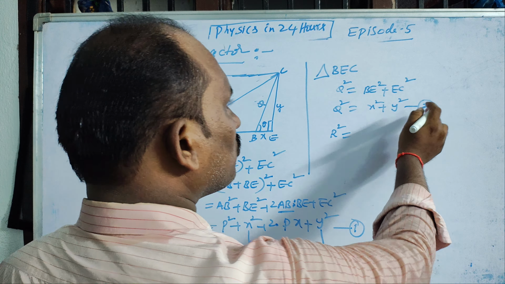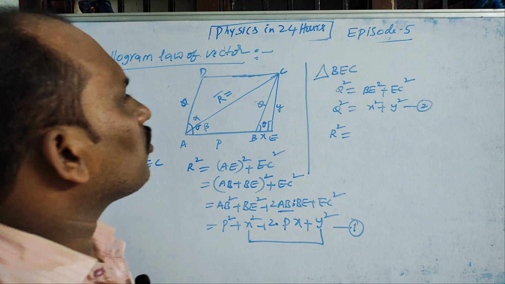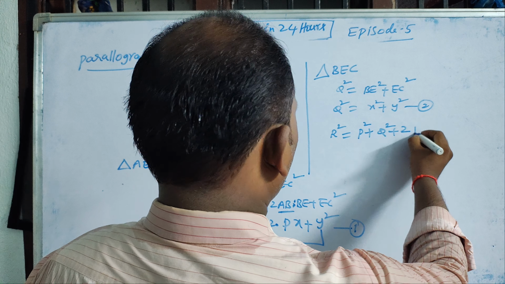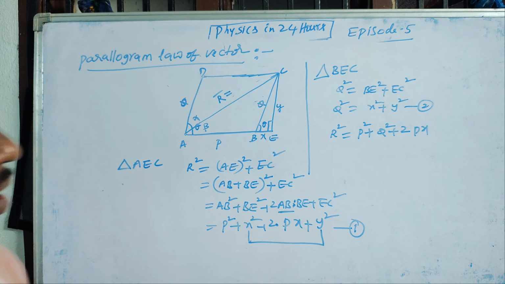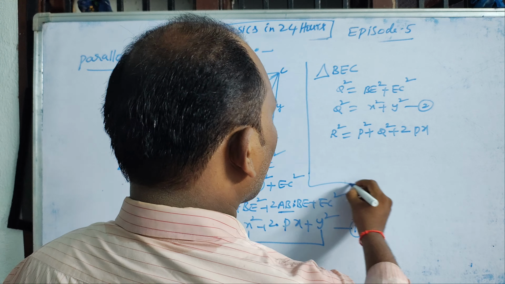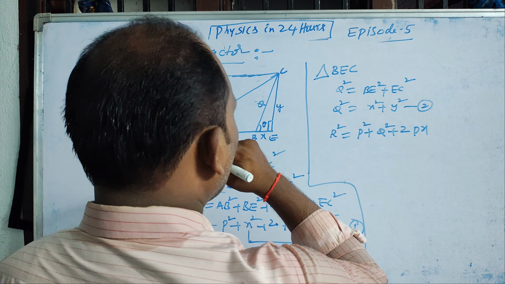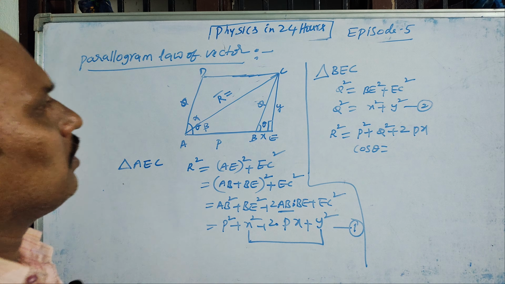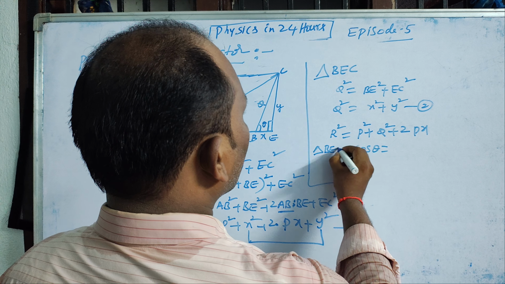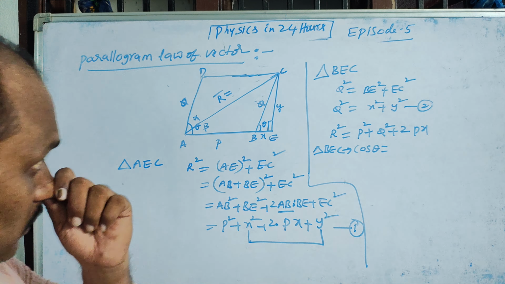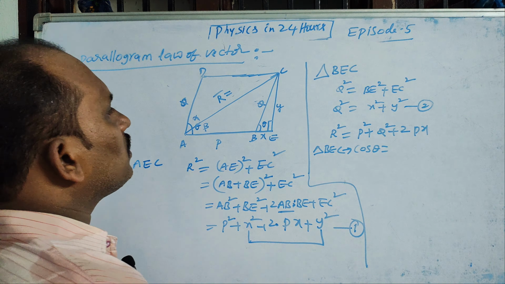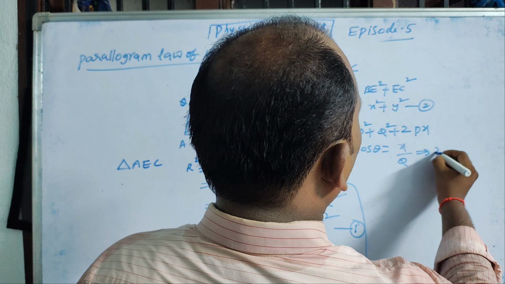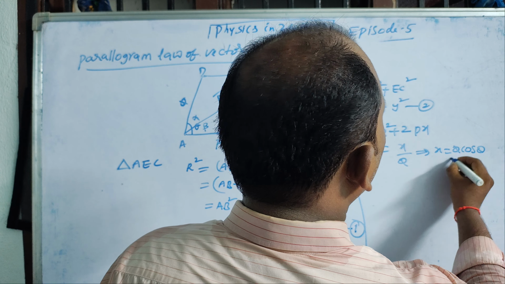Now I take the R square value. R square is equal to, substituting 2 in 1, x square plus y square becomes q square. So p square plus q square plus 2px. From the diagram, from triangle BEC, cos theta is equal to adjacent side by hypotenuse, x by q, which gives x is equal to q cos theta.